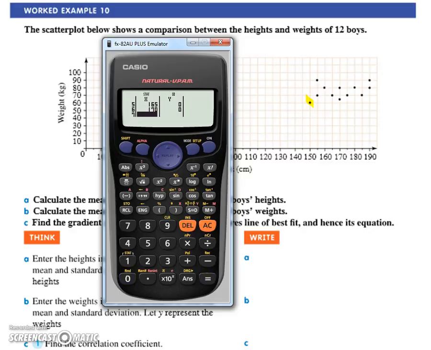Levi, have you entered this data? X is the independent. Yes, the horizontal. Levi, is your data entered? Liar.